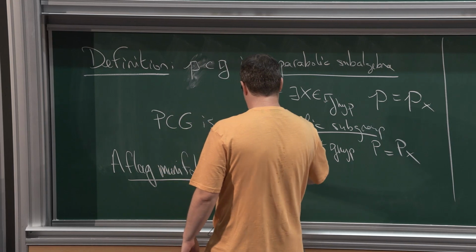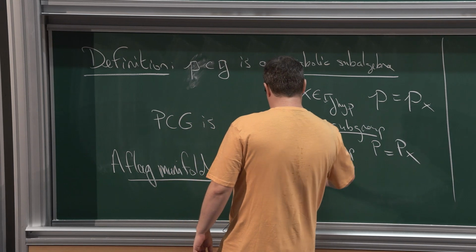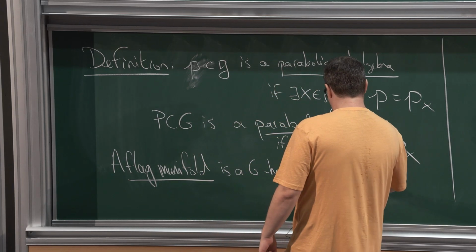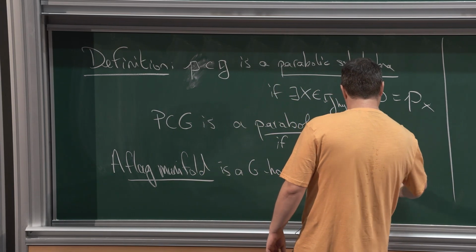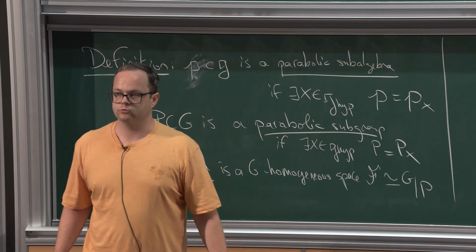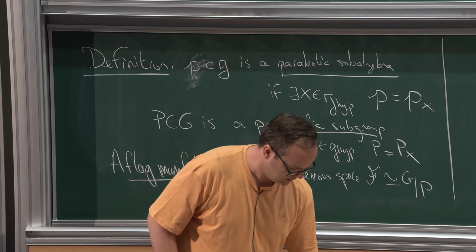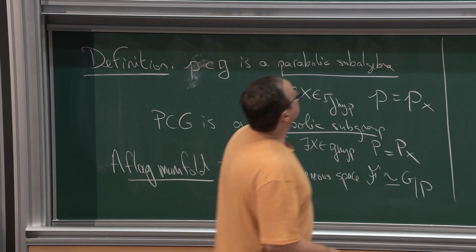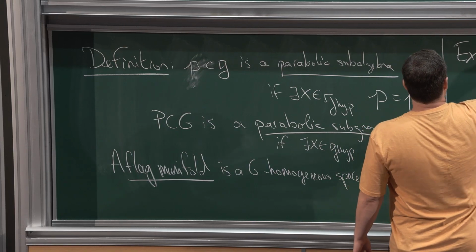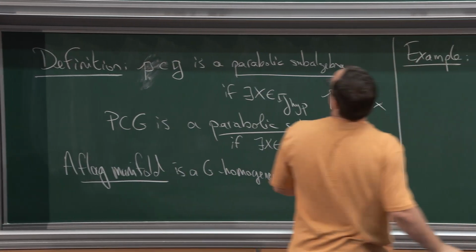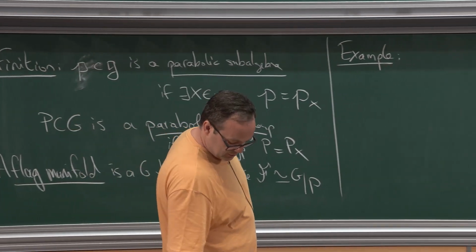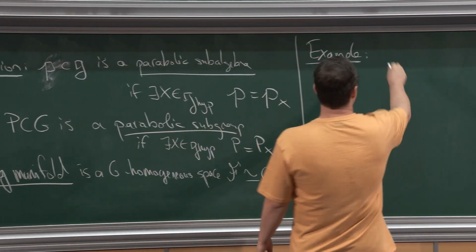So some G homogeneous space, so stabilizers are parabolic subgroups. And we may well pretend to be working with some very abstract groups. In the end, we'll always be thinking about SL_N. So that's the one case to have in mind.